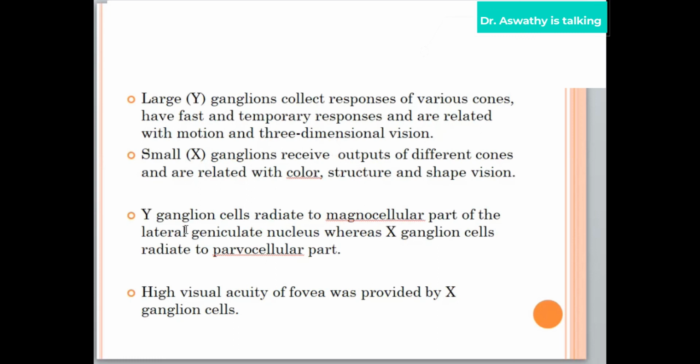The Y ganglions relate to the magnocellular part of the lateral geniculate nucleus, whereas the X ganglions relate to the parvocellular part. And the high visual acuity of the fovea is provided by the X ganglion cells. And it is the X ganglion cells which are mainly affected in amblyopia because of this structured visual deficit during the early critical development period.